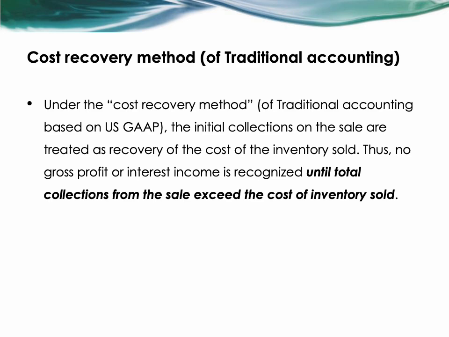In essence, every peso collected initially is treated as a return of capital until the full cost is recovered, and that's the only time when profit is recognized. This is used when the collectibility of the receivable is highly uncertain.